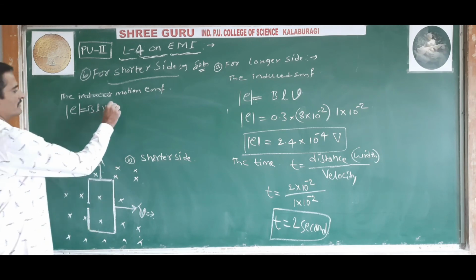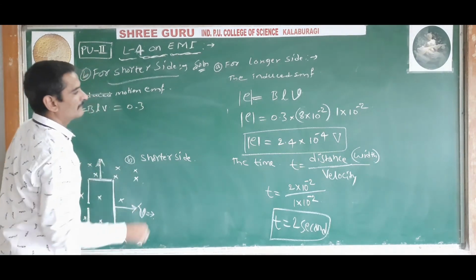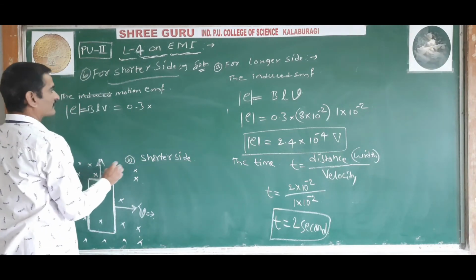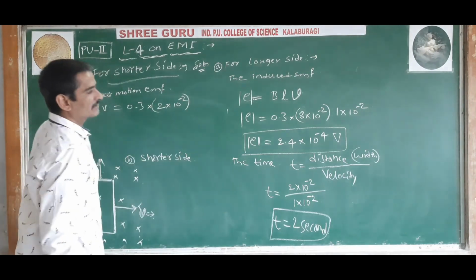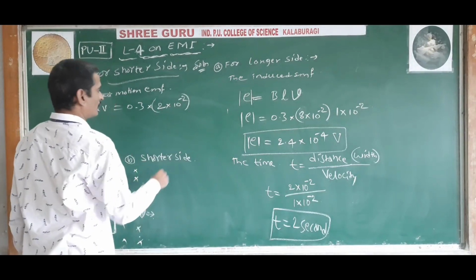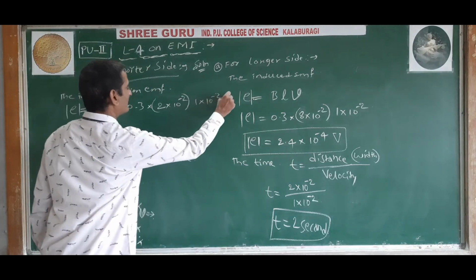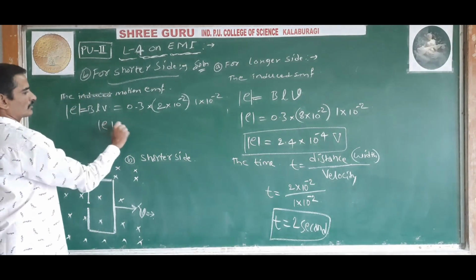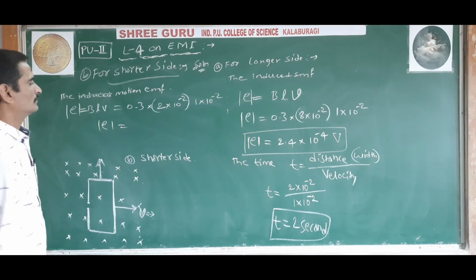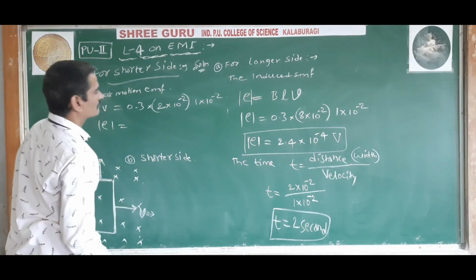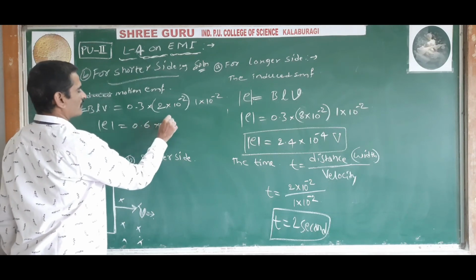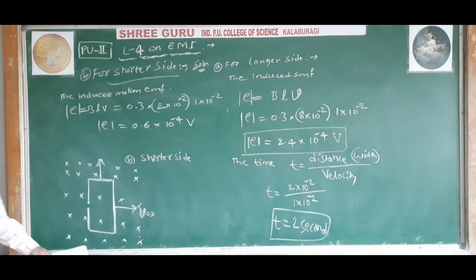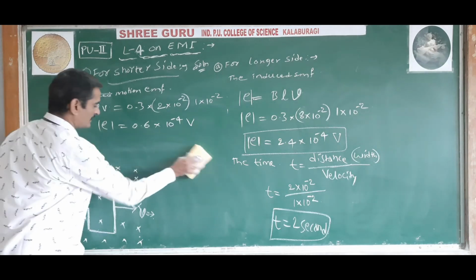B is 0.3 into the shorter side 2 centimeter, 2 into 10 to the power minus 2, into velocity, which is the same, 1 into 10 to the power minus 2. So E comes out to be 0.3 into 2, that is 0.6, into 10 to the power minus 4 volt. That will be the induced EMF, right?